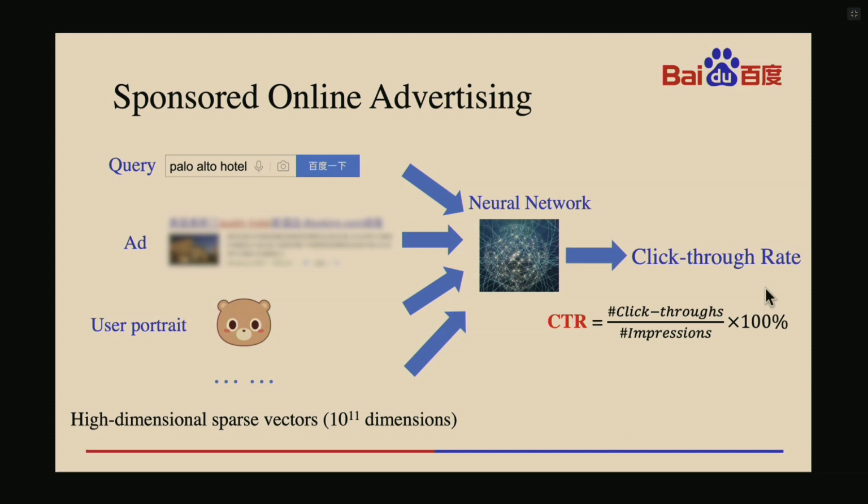The good news is we only have several hundreds of non-zeros in this super high dimensional vector. Okay, remember this, and we will use that later. We have a high dimensional sparse vector, and we want to use a model, say a neural network, to predict the click-through rate.